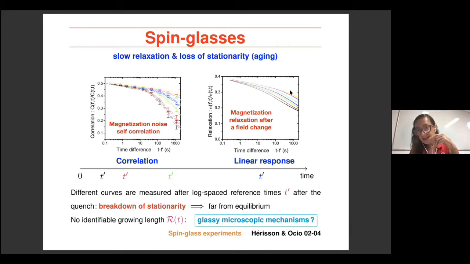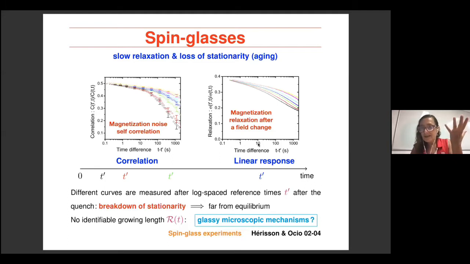So you see again the waiting time dependence here, expressing the aging phenomena. You see again that there is a part of short time dependencies where actually there is no waiting time dependence. All the curves go together, and then the waiting time appears. Again, whether there is a plateau developing or not, it's not that clear.